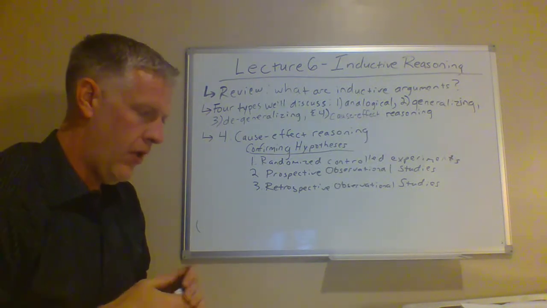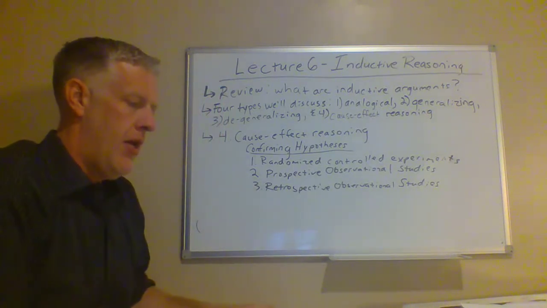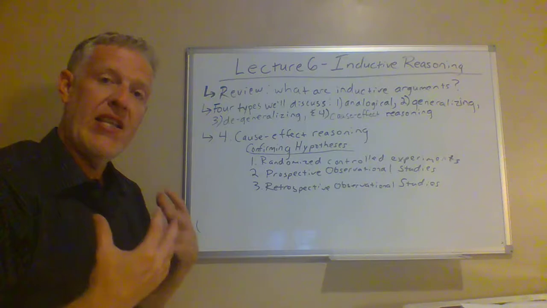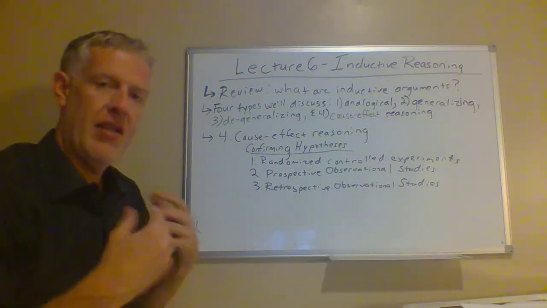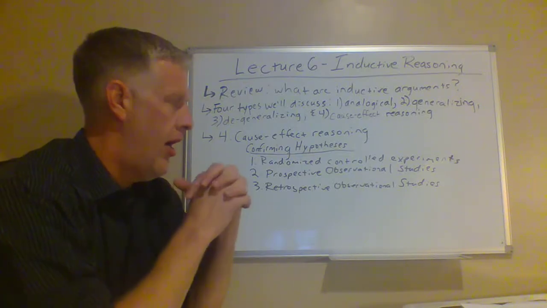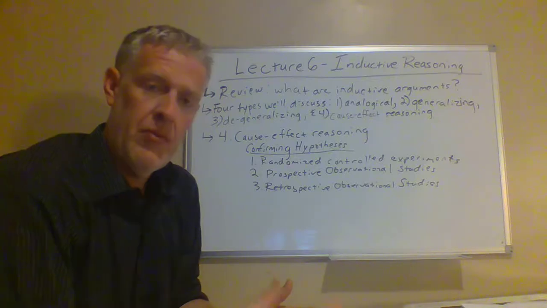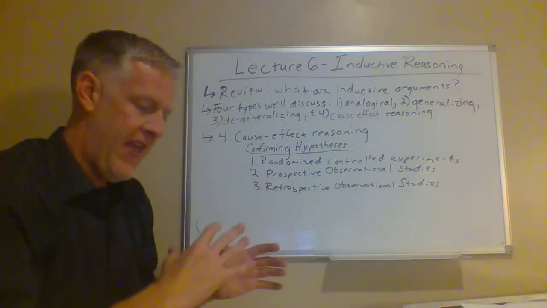We've already referenced controlled experiments, talked about some of the science involved in them and some of the concepts, random variation, error margins, and so on. So we've already referenced a lot of that, and some of what we're going to discuss here builds on that.